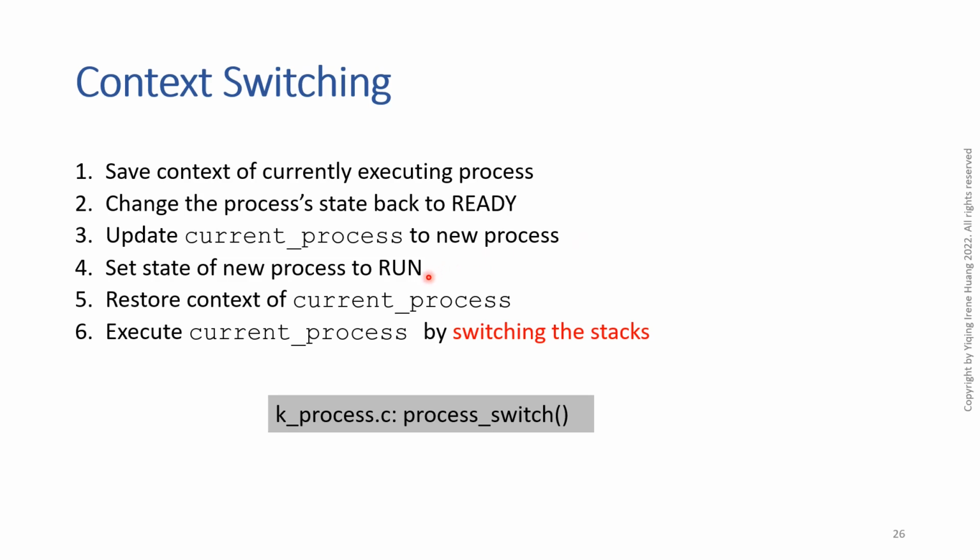Then we set the state of this newly selected process to run. And then we restore the context of the current process, because the current process for now points to the newly selected process. Then finally, by switching the stacks of the current process and the old process that gets switched out, we switch the context.